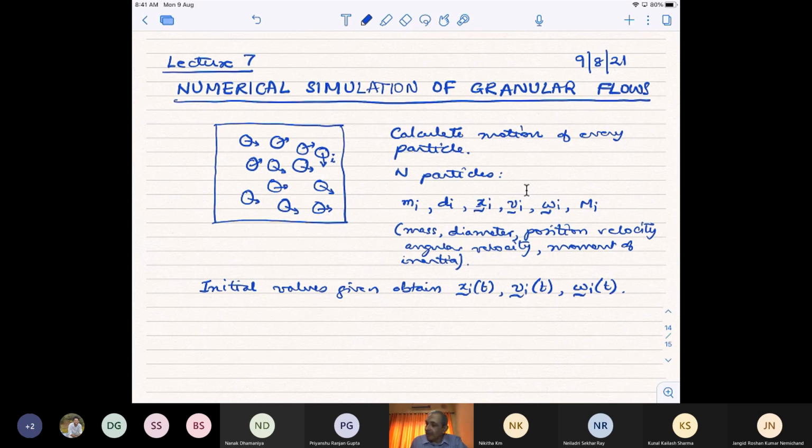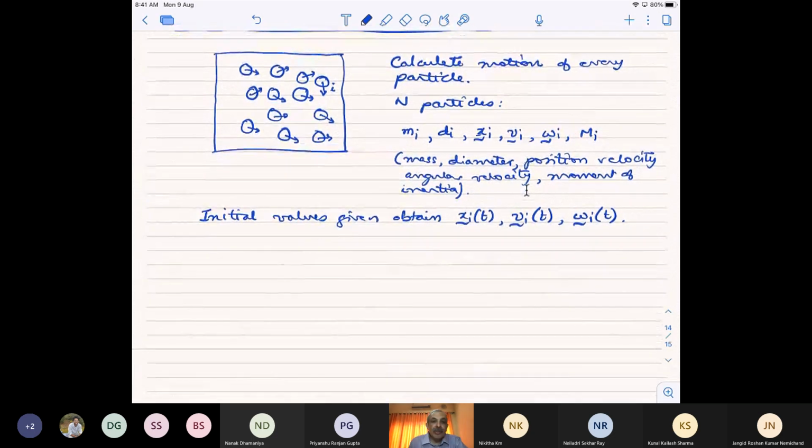And so what is the governing equation for this? As I was saying, you know this equation very well. So the governing equation is just mi into dvi by dt, that is mass into the acceleration, the rate of change of velocity with time, is just equal to the sum of all forces acting on the particle.